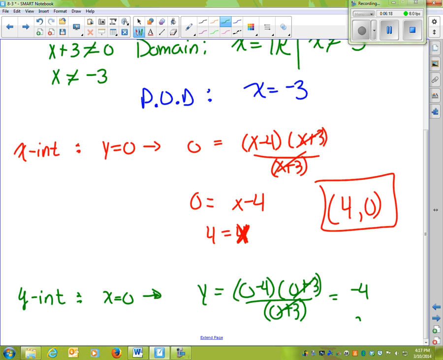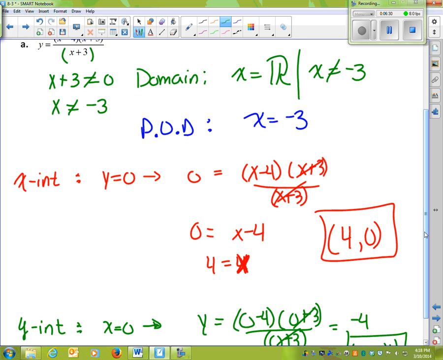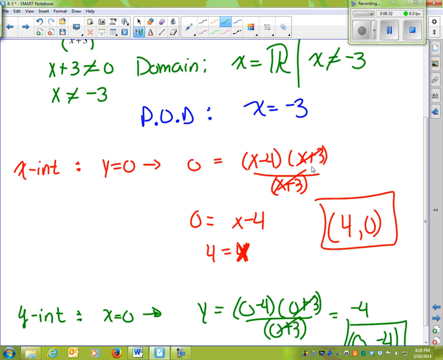My y-intercept is at 0, negative 4. And then the last part of the question asked if that point of discontinuity was removable or non-removable. If you look at the equation when you are solving for your intercepts, I can see that I canceled out the x plus 3's. Because I could cancel within my problem, that defines my point of discontinuity as removable.